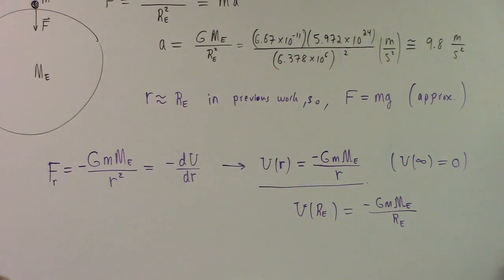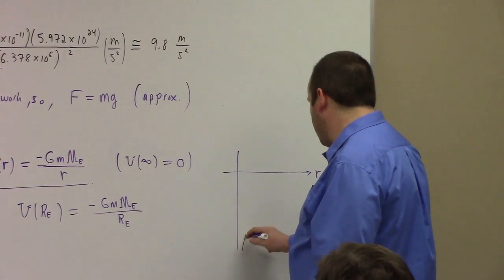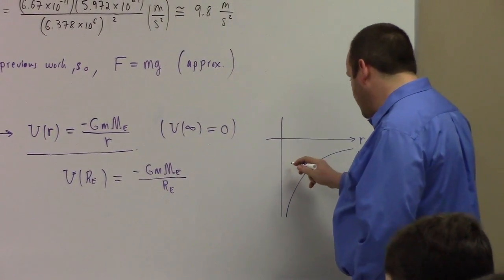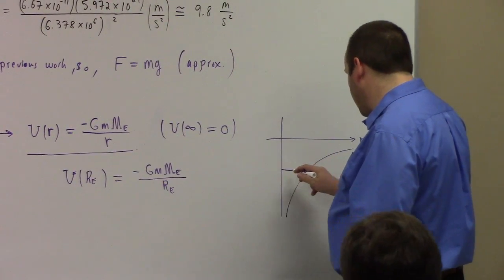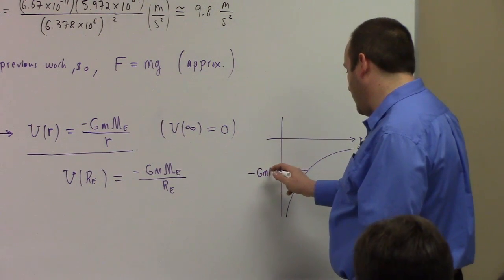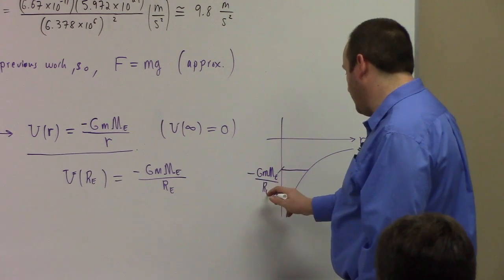So you can draw a graph of what's going on here. Here's radius, here's the potential energy diagram, and where we are, our energy level is minus G M M_E over R_E.